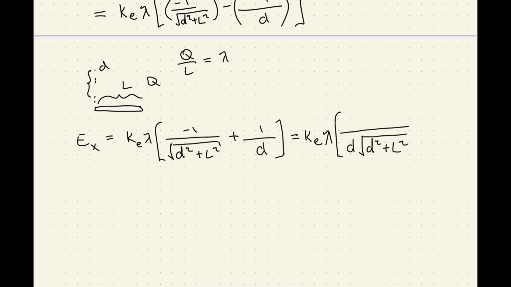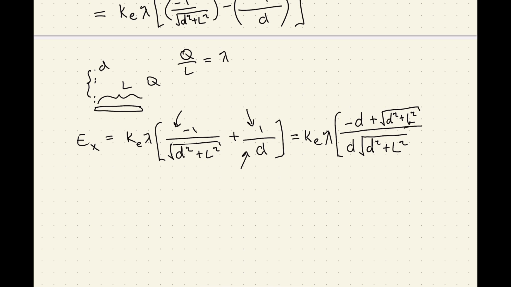In the first term here, what I did was multiply by d on the bottom in order to get this. So I have to multiply d on the top in order to not change the fraction too much. So if I multiply minus 1 by d, I get minus d. On this side, I have to multiply by square root of d squared plus L squared in order to get the top and bottom to be the same.